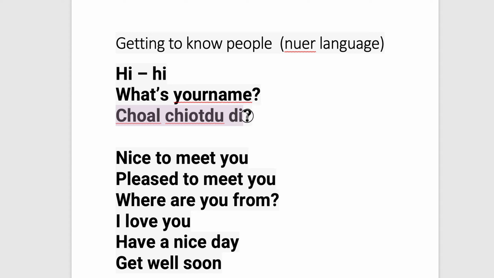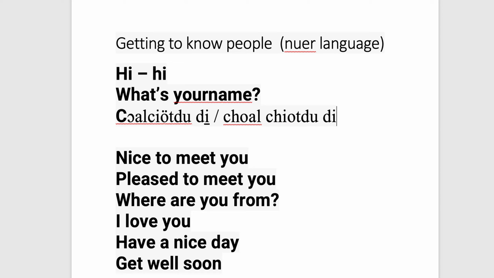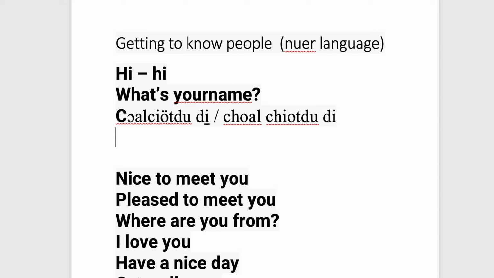The way you can pronounce it is shall should do the. That is the first thing that I would like you to learn. What's your name? Shall should do the. You can say it in response to what's your name.